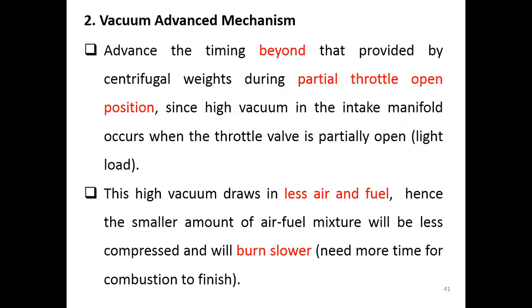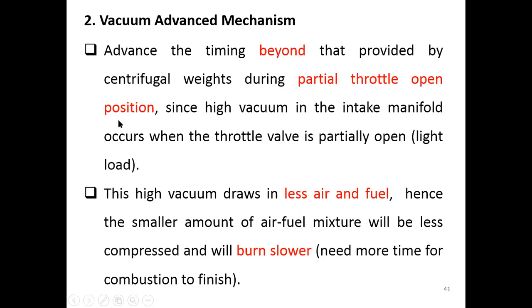So that is the mechanical advance mechanism that takes care of the engine speed. The second mechanism is the vacuum advance mechanism. This will advance the timing beyond that provided by the centrifugal weights during partial throttle open positions.